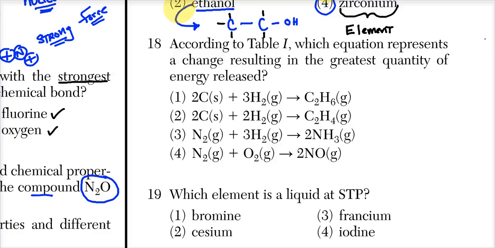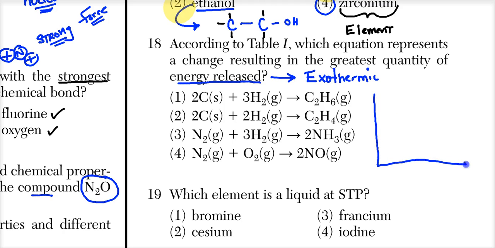Okay, well, table I is that thermodynamic table, and if we're releasing energy, that should scream to you exothermic, like heat is exiting. And you should know if something is releasing energy and is exothermic, the potential energy curve starts out high and comes down because the reactants have a large amount of potential energy and the products will have a lowered amount.